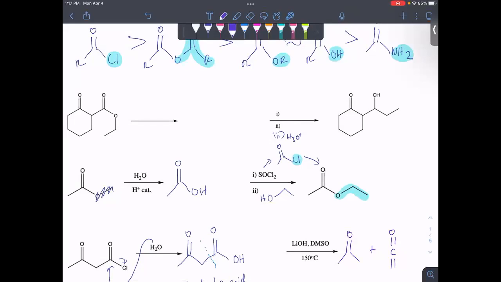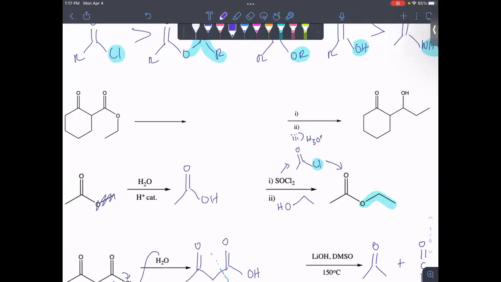So the first step, we said to protect the ketone, you would use the diol to make a cyclic acetal. So this effectively protects the ketone. So now we can mess with the ester and do whatever we want to it, like reduce it, and then the ketone stays untouched.